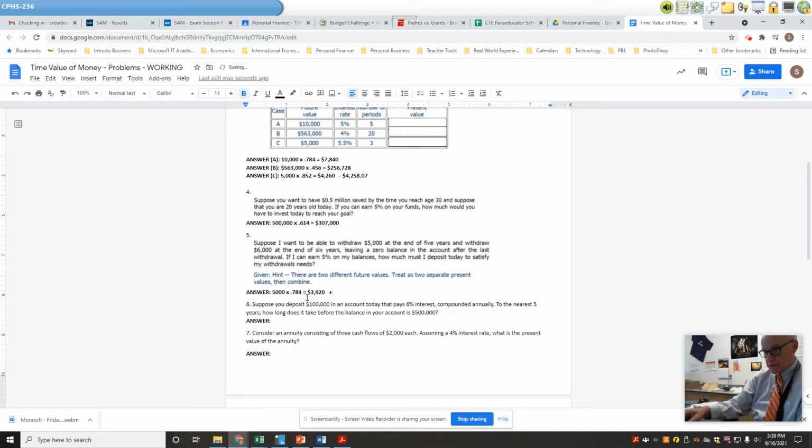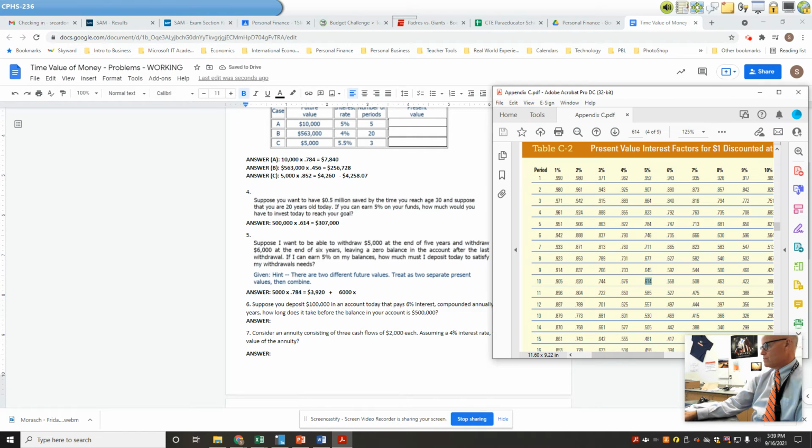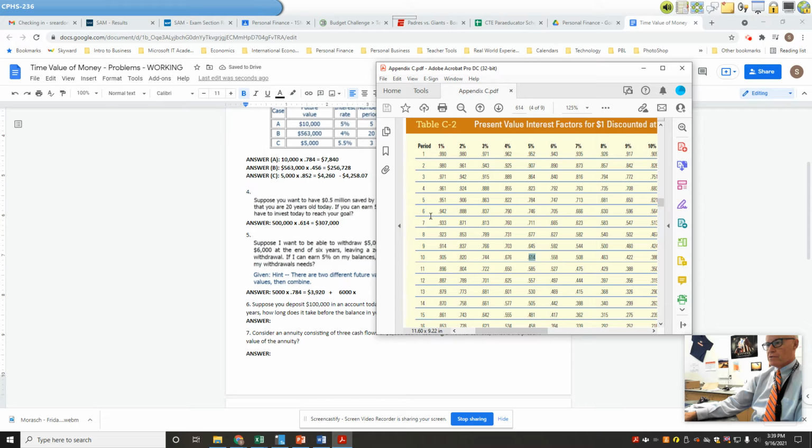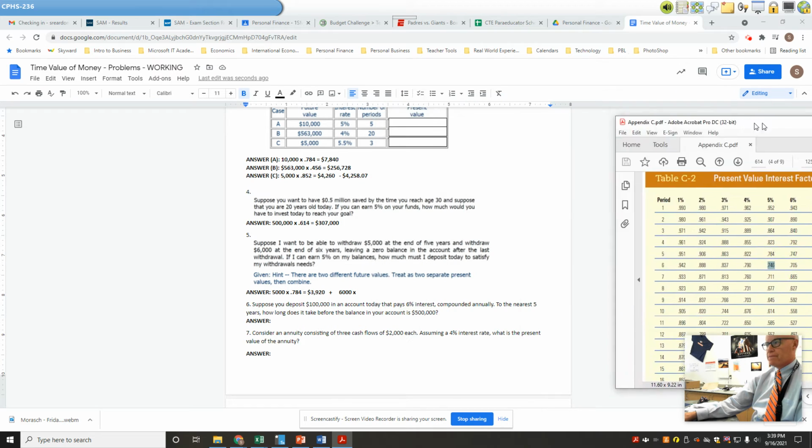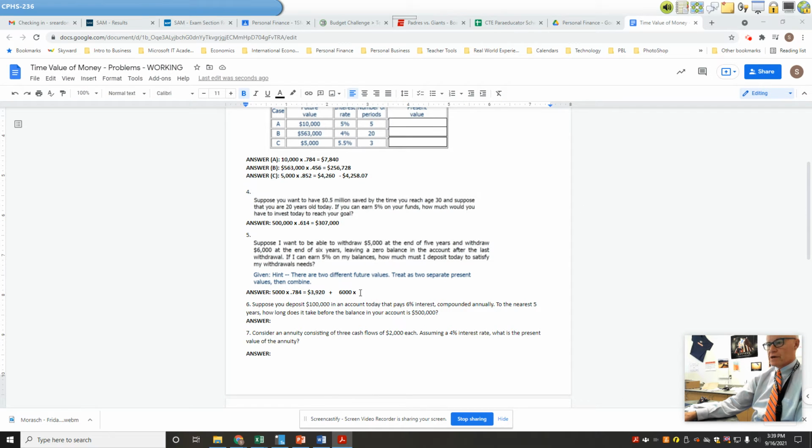And I'm going to do plus. In 6 years, I'm going to withdraw 6,000. So it's 6,000 times, well, what's my discount rate in 6 years at 5%? It is 0.746 using the present value of 1.